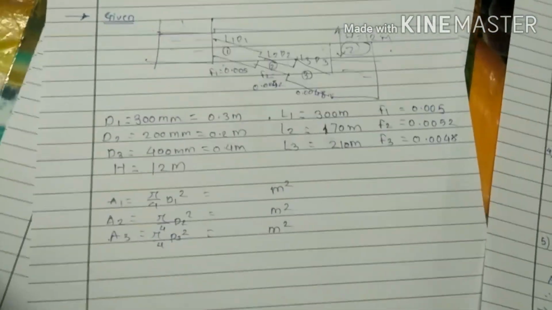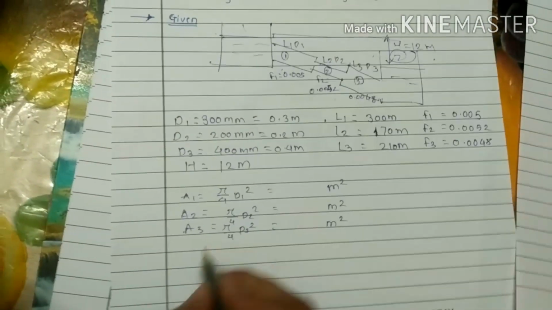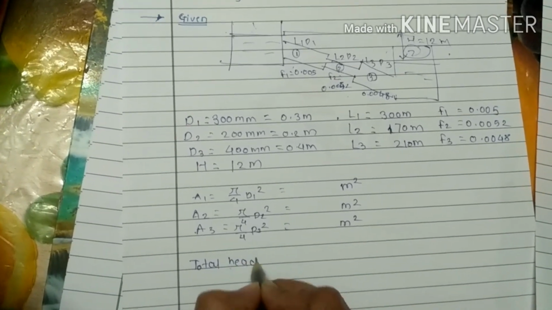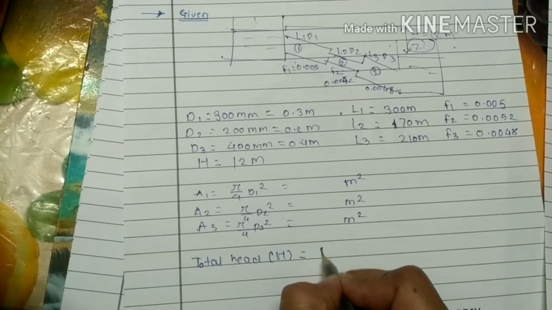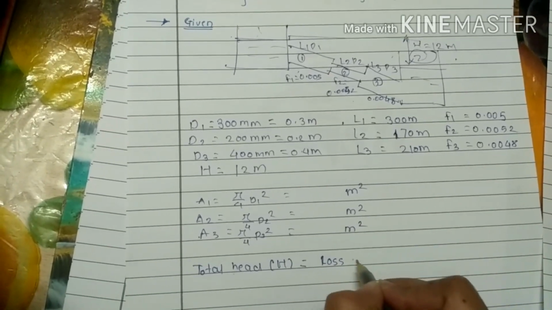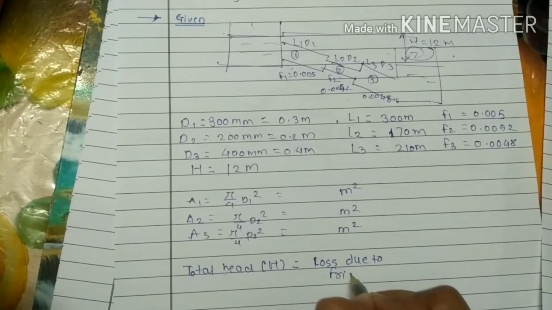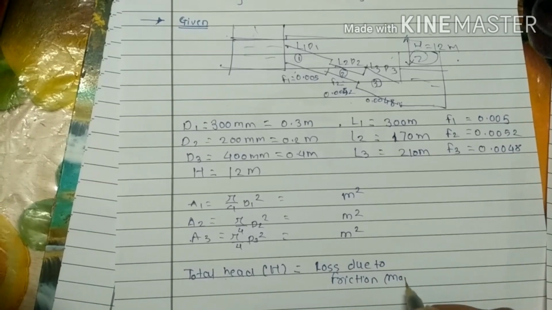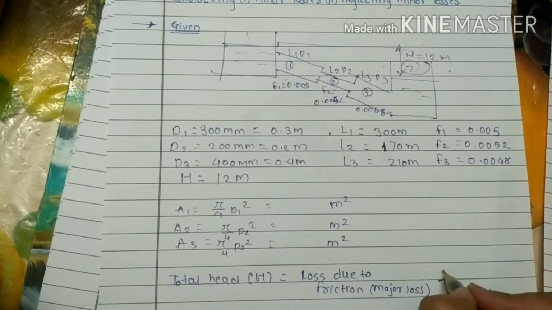So what is our next step? Write down the formula for total head loss. So total head, capital H, is equal to loss due to friction, that is we can say major loss, plus minor losses.